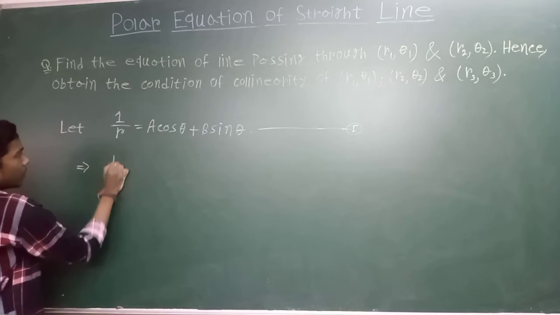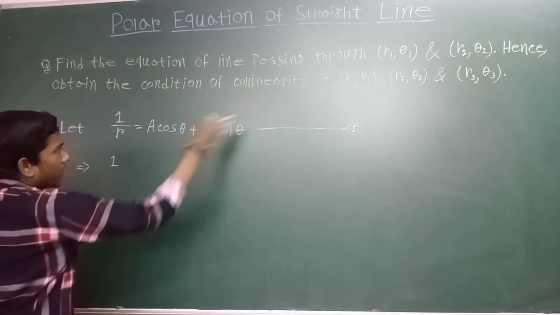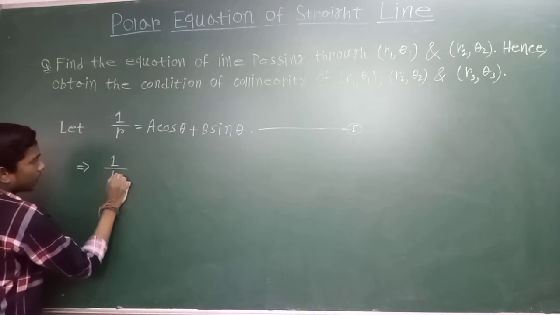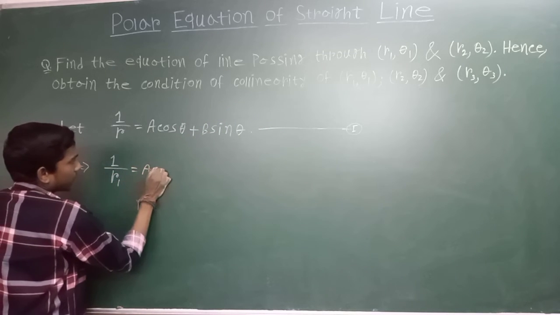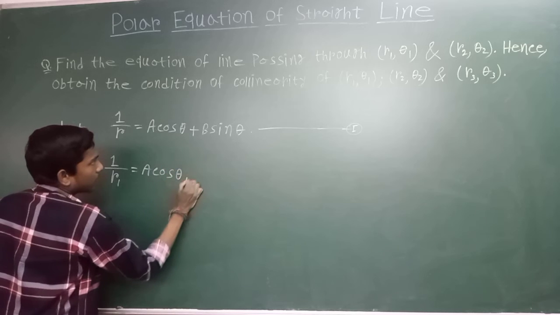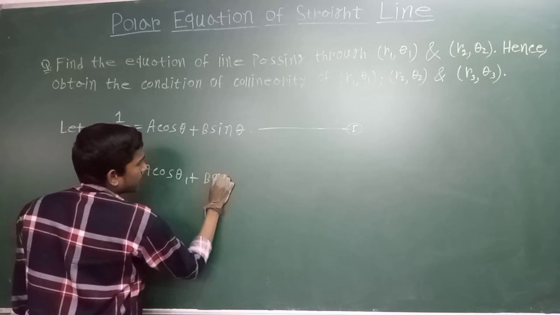Hence, putting those points in the equation, we obtain 1 by r1 is equal to a cos theta 1 plus b sin theta 1.